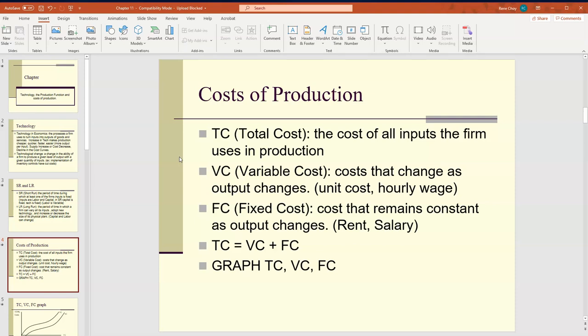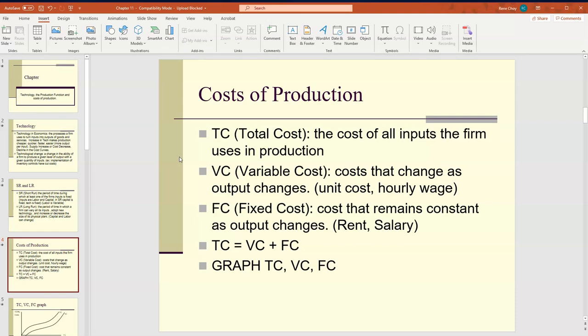A fixed cost is a cost that you cannot change. It doesn't matter how much you produce, whether you're producing 100 units or 0 units, you have to pay that fixed cost. A really good example of a fixed cost is rent if you have an office, for example. So whether you are open or you are closed, you have to pay rent.